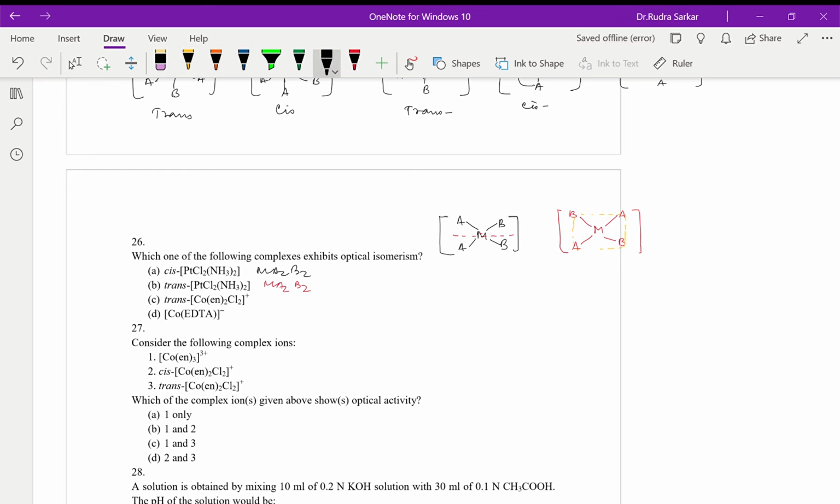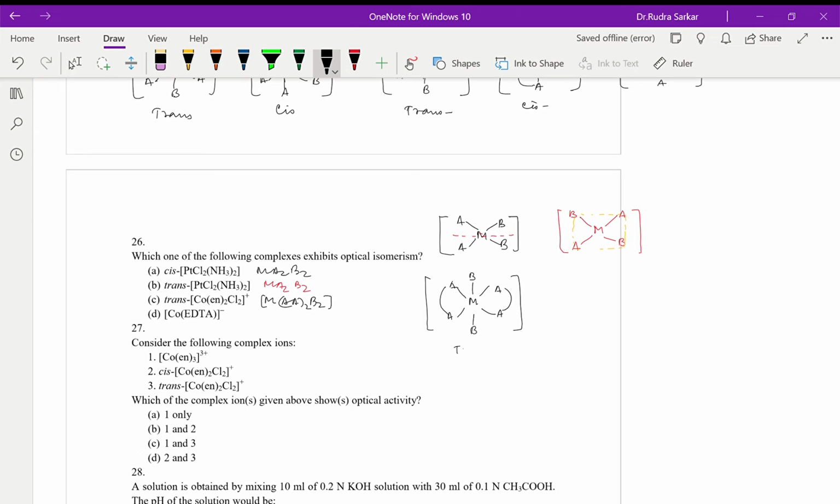This is an octahedral complex wherein en is a bidentate ligand, so it is MA2B2 type, and it is trans as they are saying. So trans means the bidentate ligand will occupy the square plane, and then one can draw the chlorine or B atoms at an angle of 180 to each other.